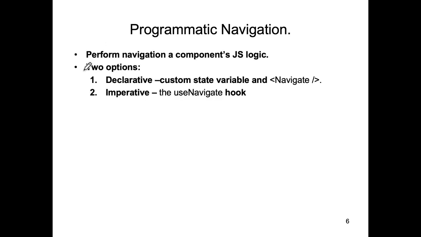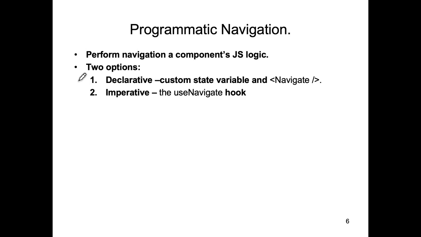There are two ways you can do it, and it's really a question of whichever you prefer. There are very rare cases where you might have to use one over the other, but they're very rare. There's a declarative way of achieving it and an imperative way, and it's those two programming paradigms that I've mentioned once or twice to you already.